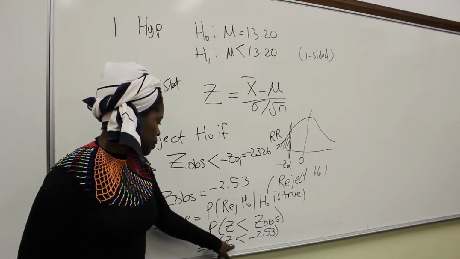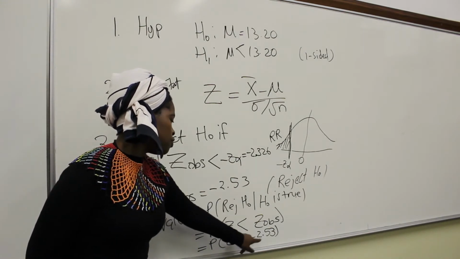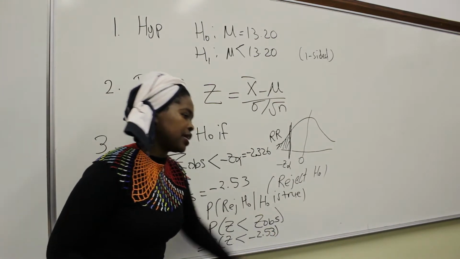So here, it's the probability that Z is less than our Z observed, which is minus 2.53, okay?